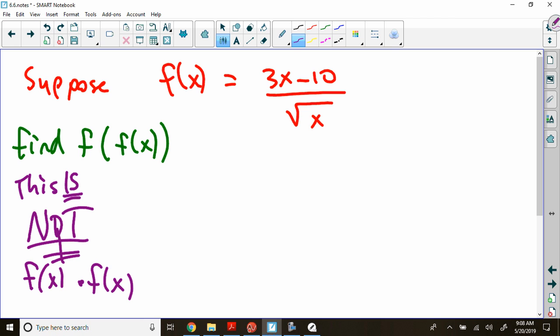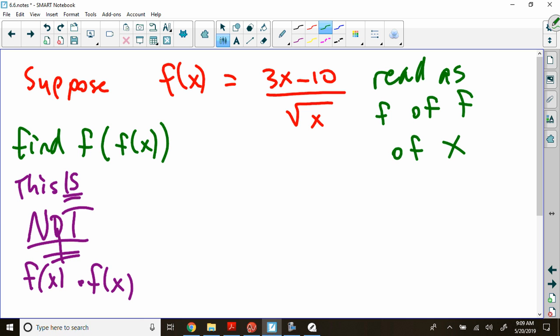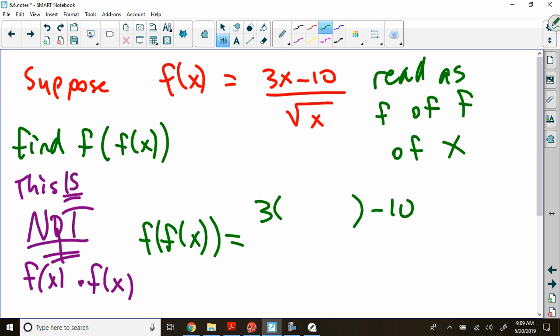It's f of x. This is read as f of x. With f notation, all we're doing is making substitutions. We replace the x with something. So f of x means we're going to have the general structure of f of x, which is 3 times something minus 10 all over the square root of something.